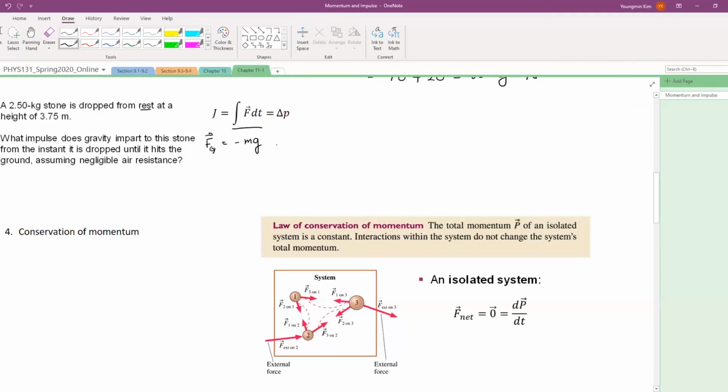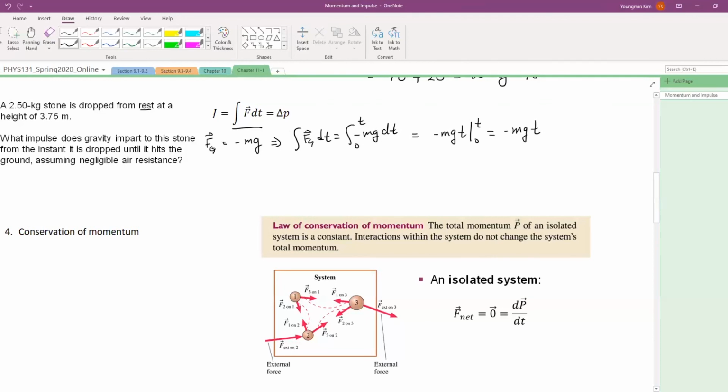So then we take the integral of the force of gravity dt, which is simply equal to minus mg dt, and t will run from 0 to t. And since mg is a simple constant, you just multiply mg by time from 0 to t, and so that result is equal to mgt.